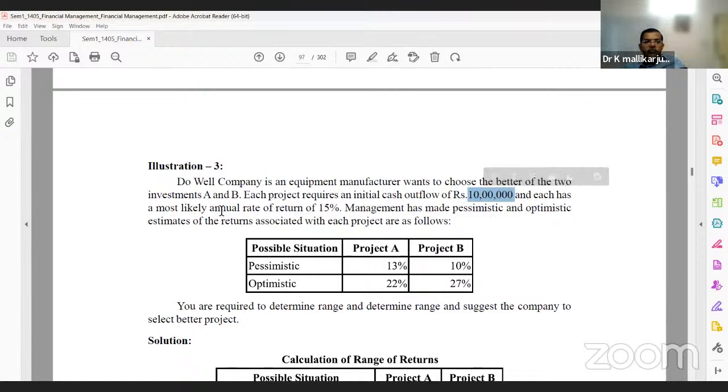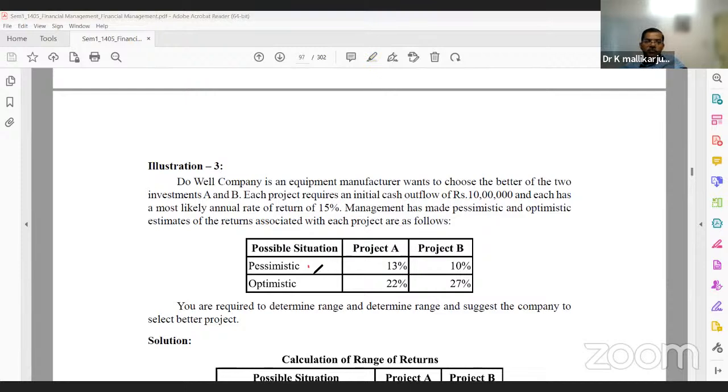Each has a most likely annual rate of return of 15%. Management has made pessimistic and optimistic estimates of returns for each project: worst case and best case.